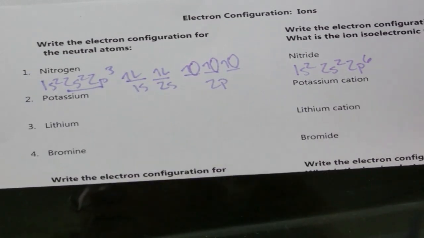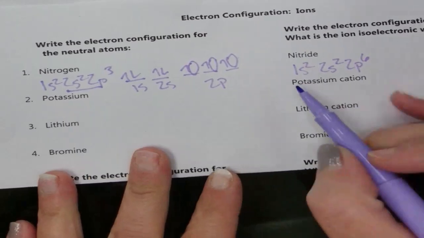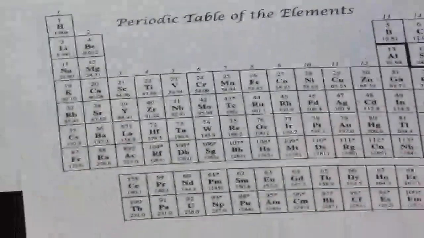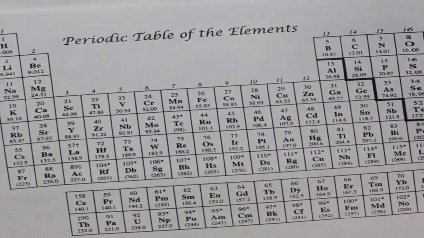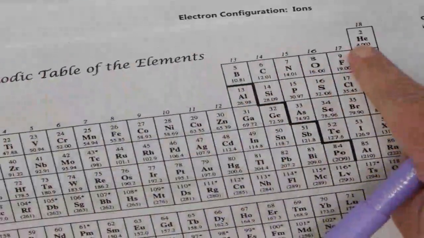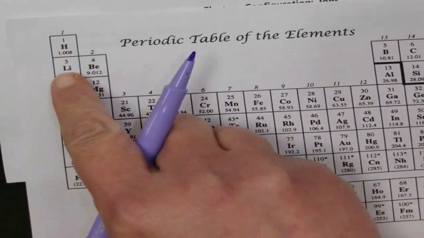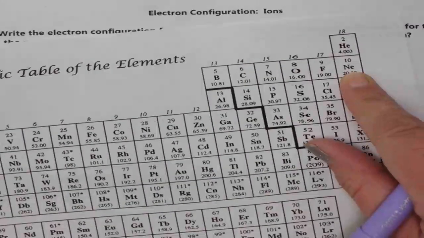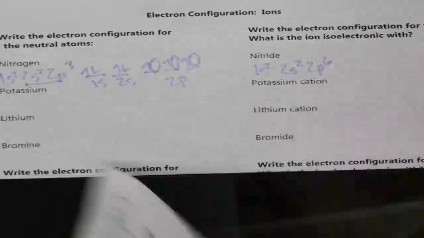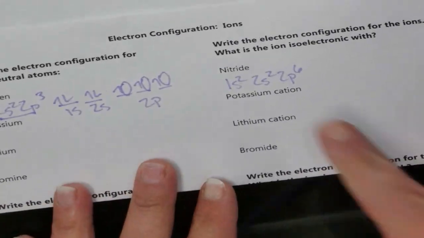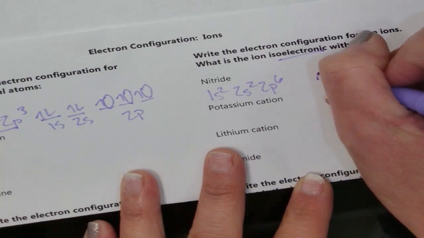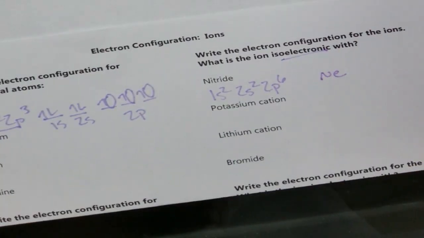All right, so what has the electron configuration 1s2, 2s2, 2p6? When we look here at our periodic table, we see that our 1s2, our 2s2, and then our 2p6 is neon. So we would say that nitride is isoelectronic with neon, meaning they share the same electron configuration.